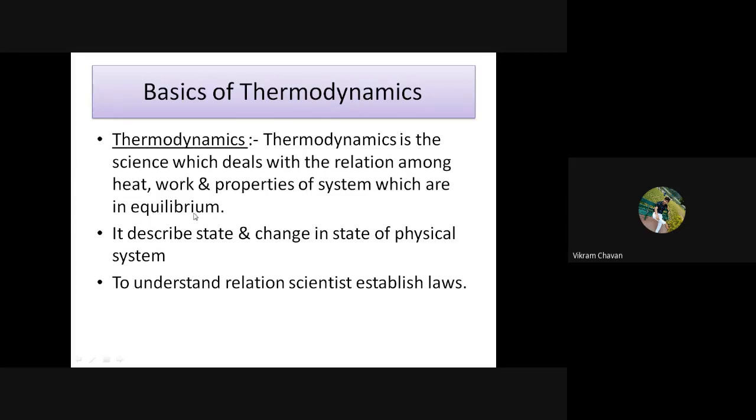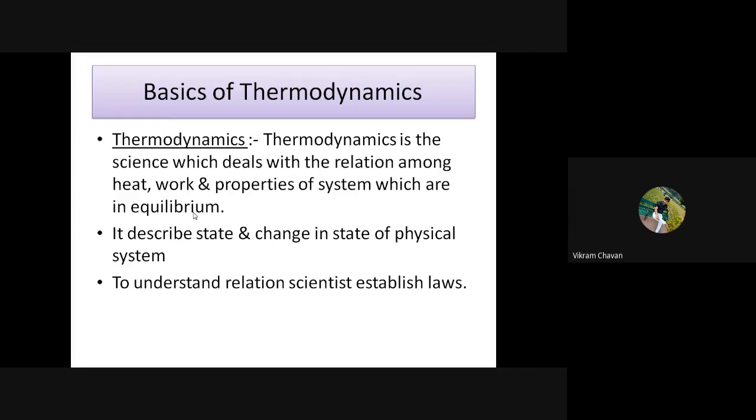We are finding out the properties of a system, the conversion or relation between heat and work, at an equilibrium state. Equilibrium is simply when there is no further change in the system with respect to time.